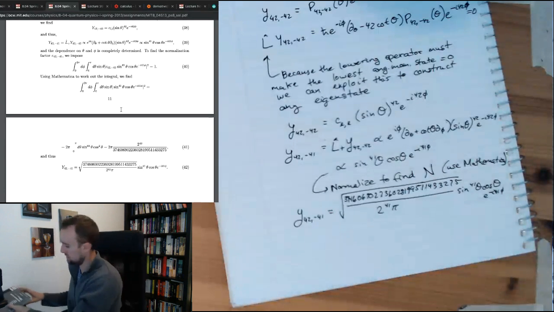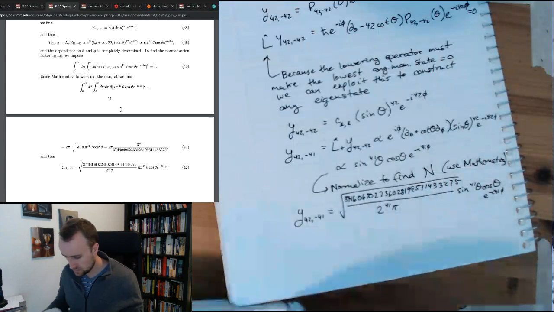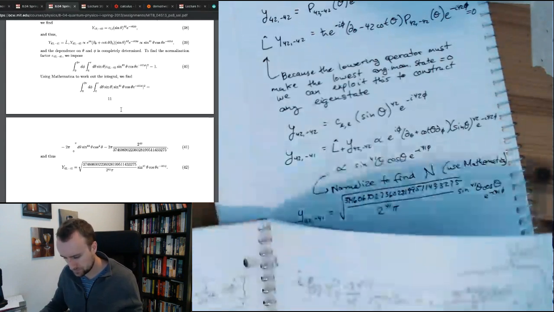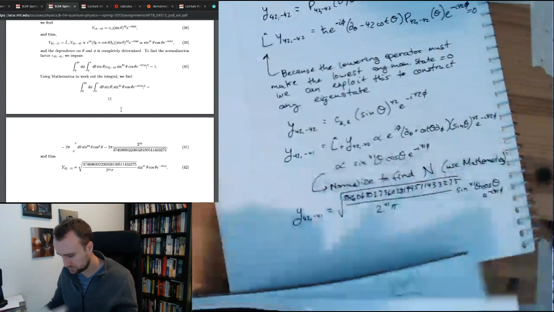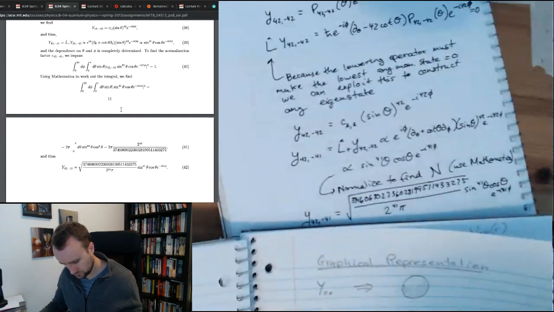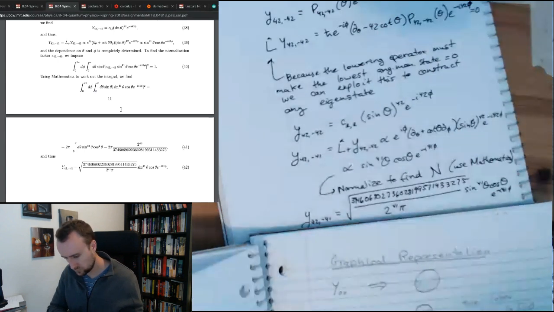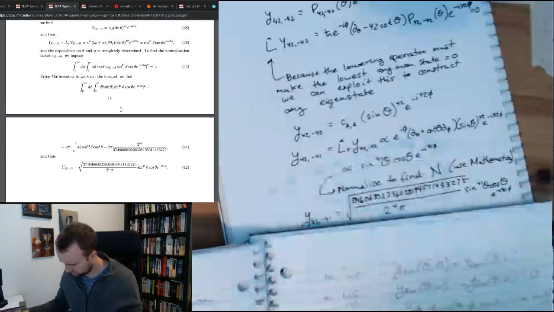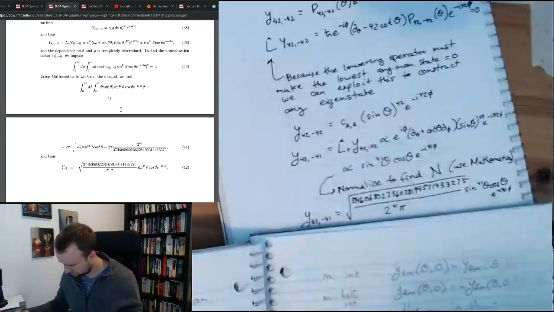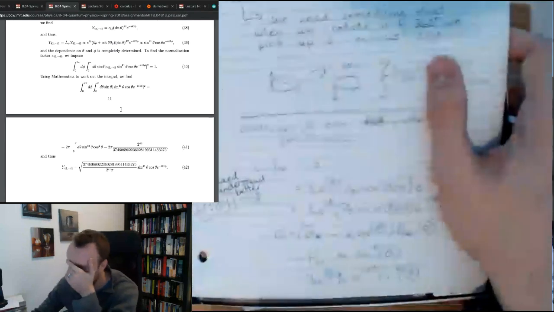Was this in the notes? Let me just see whether we covered this when we did spherical harmonics. Oh, look, I even wrote "need to understand better."